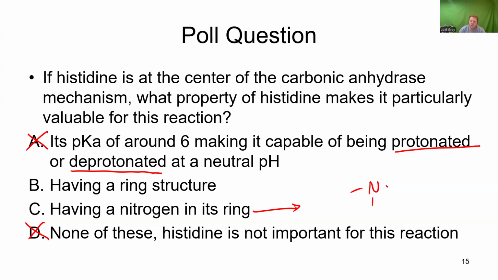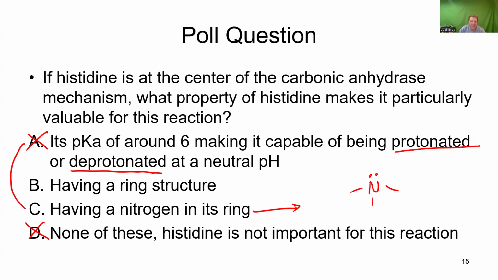Nitrogen with 1, 2, 3 bonds. What else is it going to have? Lone pair of electrons. Ooh, it's kind of interesting. So if you were to compare C and B, you could have a ring with oxygens in it, a ring with just carbons. The ring structure itself is not, I like this word, intrinsically important or interesting.